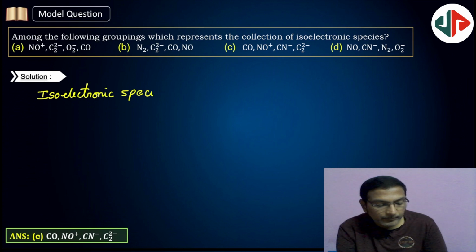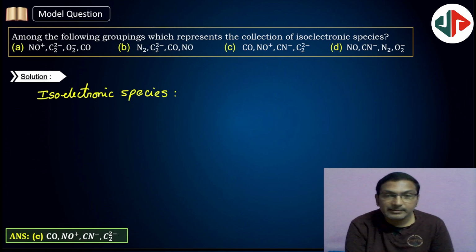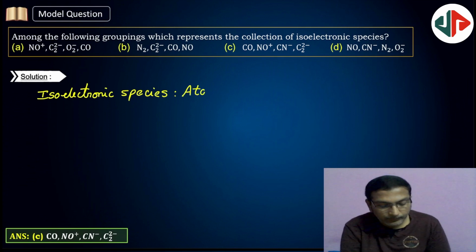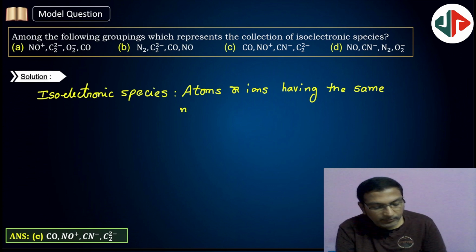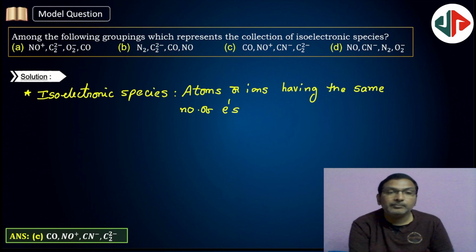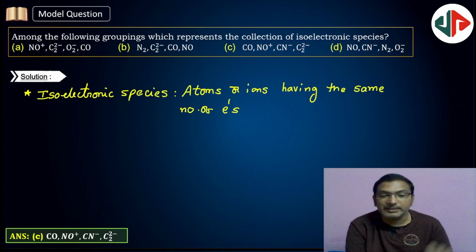Isoelectronic species are the atoms or ions having the same number of electrons. Very important topic. Isoelectronic: iso means same, electronic means electrons. Same number of electrons. Here atoms or ions carrying the same number of electrons are isoelectronic species.